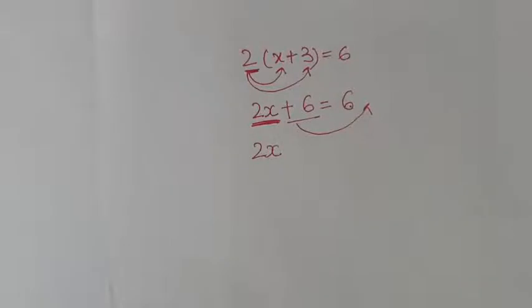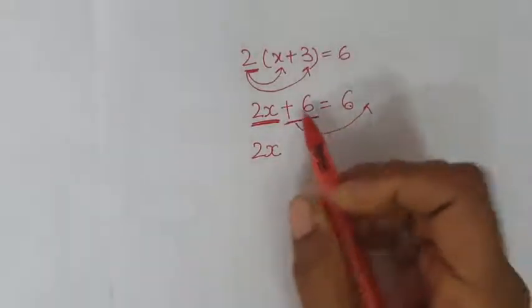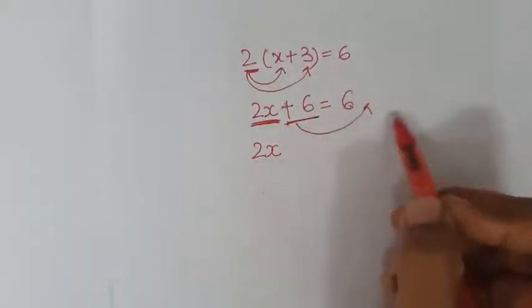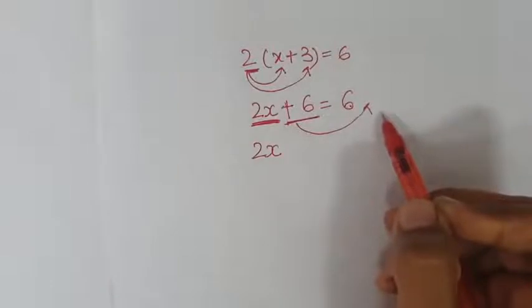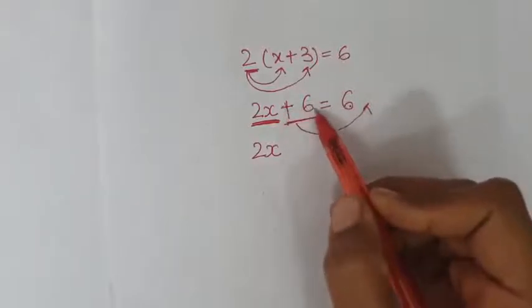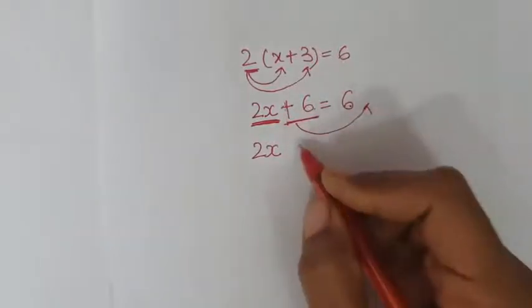Now one thing keep in mind, whenever shifting, we will interchange the signs. Plus will become negative, negative will become plus, multiplication will become division and division will become multiplication. So now 6 is getting added over here. Whenever it shifts to that side, it will get subtracted. Means plus 6 will become minus 6.